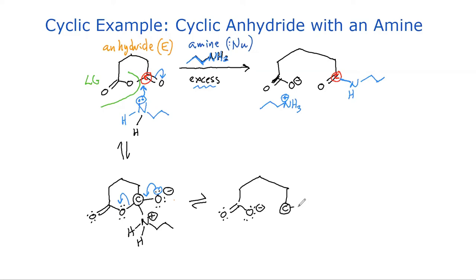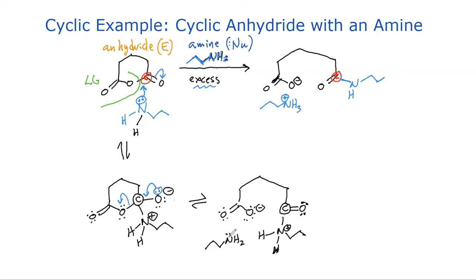So we've reformed our carbonyl, but we still have this positive charge on the nitrogen. We could certainly envision the carboxylic acid or carboxylate picking it up, but because we've done this reaction in an amine, which is actually more basic than the carboxylate, then we're going to use it instead.